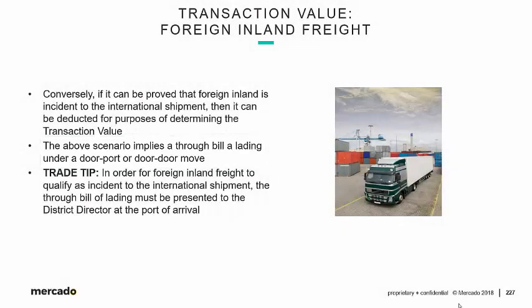The inland freight is included in the ocean bill of lading. The ocean bill of lading represents the international transport. Therefore, it can all be taken out of transaction value. That's the whole story here. As a trade tip, in order for foreign inland freight to qualify as incident to the international shipment, the through bill of lading must be presented to the district director at the port of arrival.